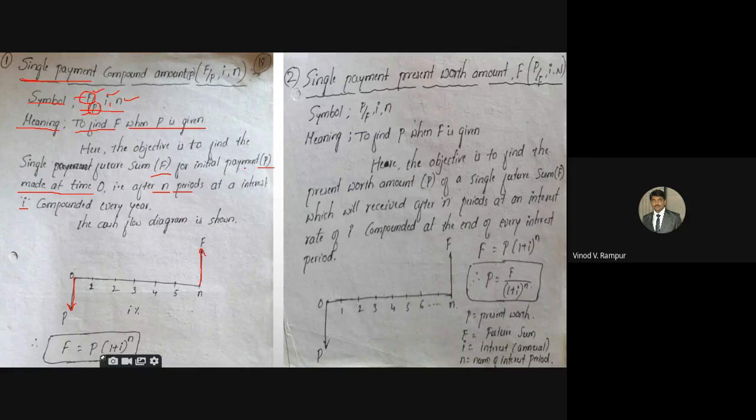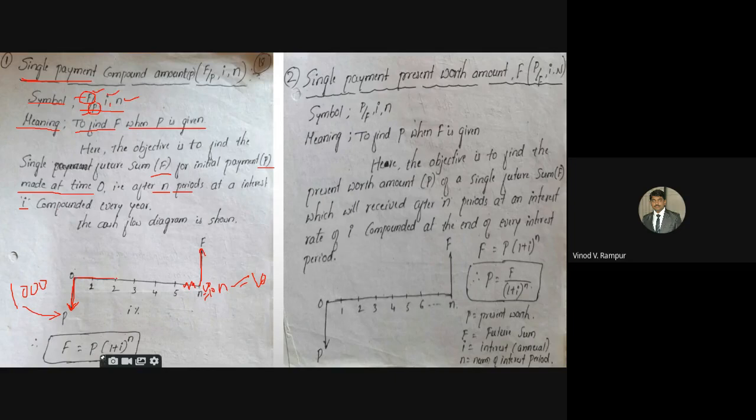Here a single future sum we have to calculate for a given initial payment. For example, 1000 rupees I have already taken from someone at time zero. This is the principal amount. Now after n periods, take the example of n equal to 10, after 10 years. 1, 2, 3, 4, 5, and so on up to n equal to 10.